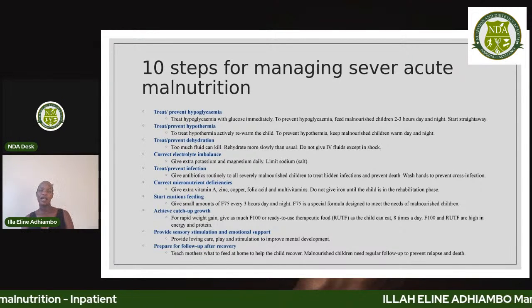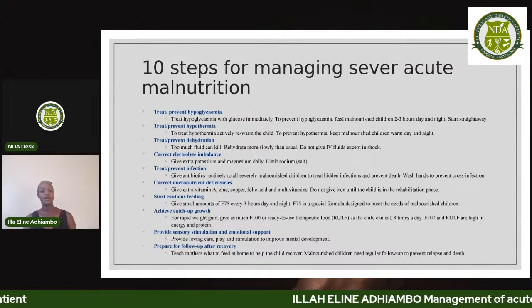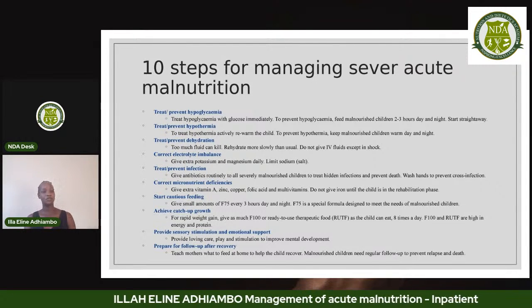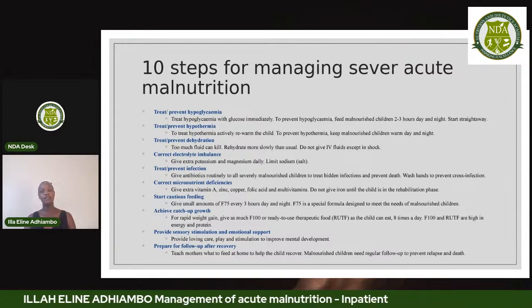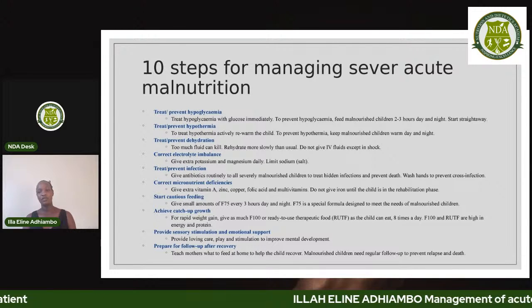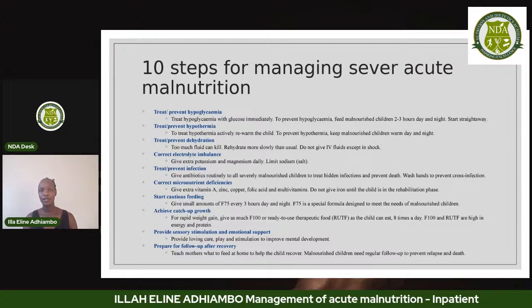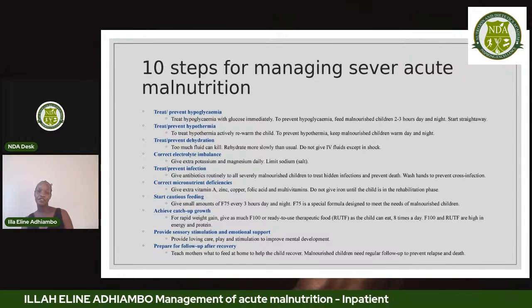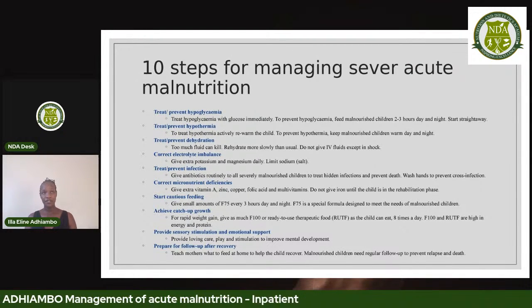So we're going to plan in such a way that it's day one, we've admitted this baby in the hospital. The baby came dehydrated, and we've identified this baby is severely malnourished. So we're going to make a feeding regime with ReSoMal and F75. Why do we start with F75?